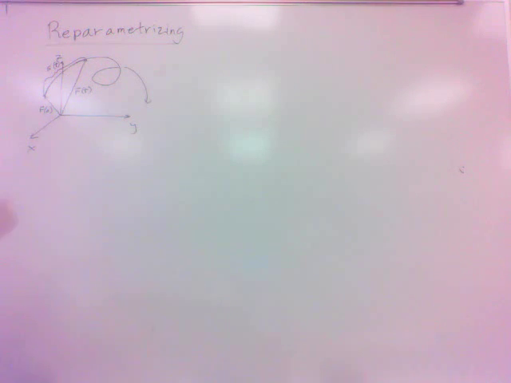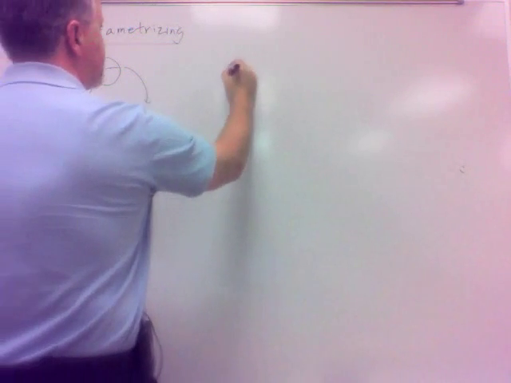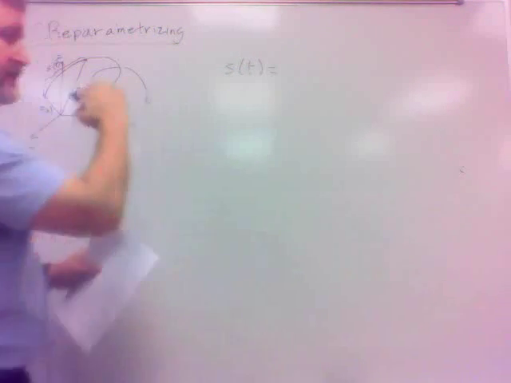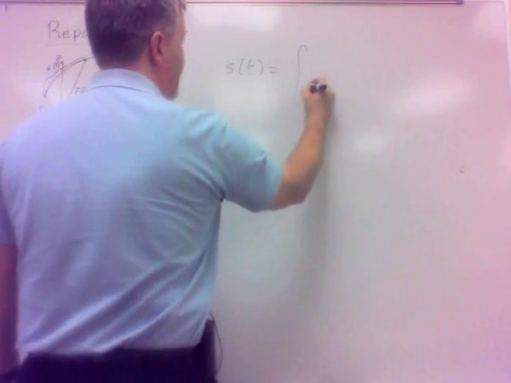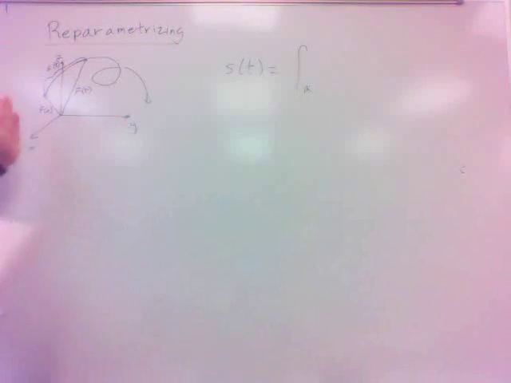All right, so here's what S of t is. Of course, S of t is the arc length, and so that's the integral from A. Like I said, we're letting t be the variable here, so we're not going to specifically say a value.